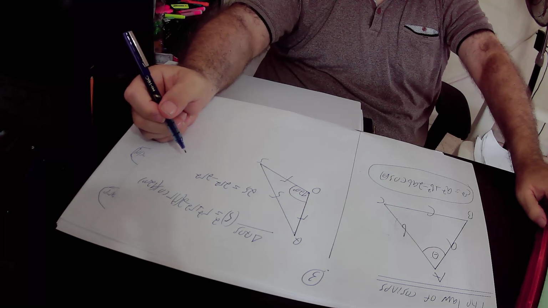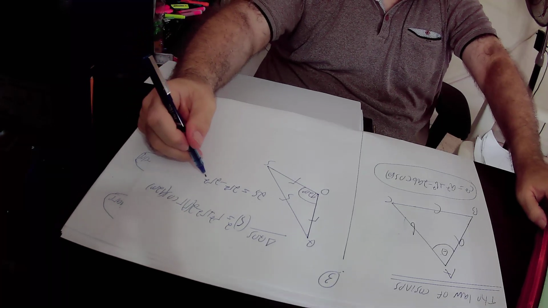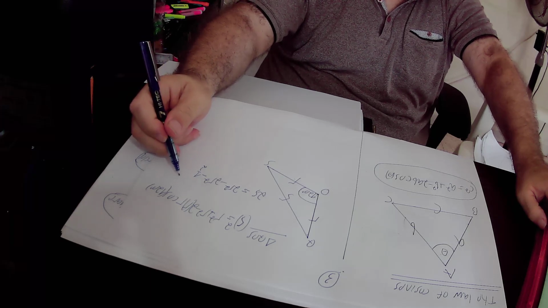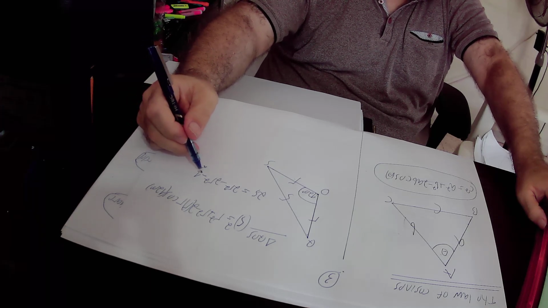Cosine 120 degrees is minus 1 half, so we substitute cosine 120 degrees by minus 1 half.